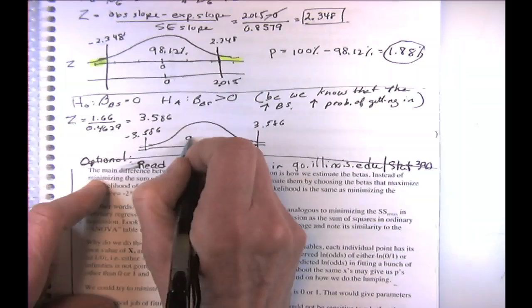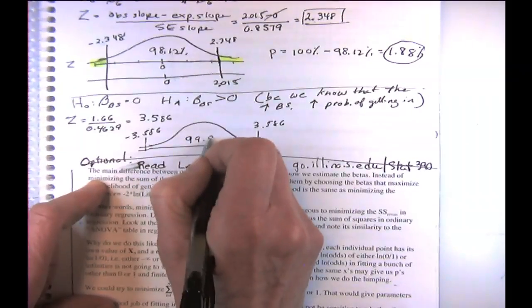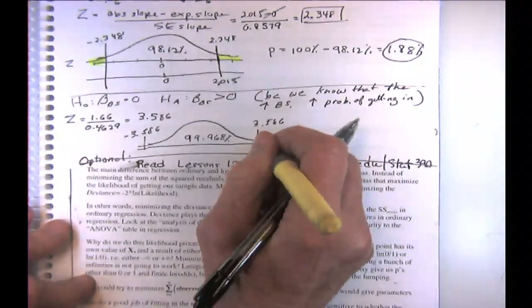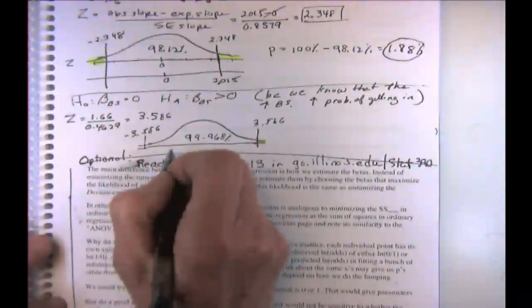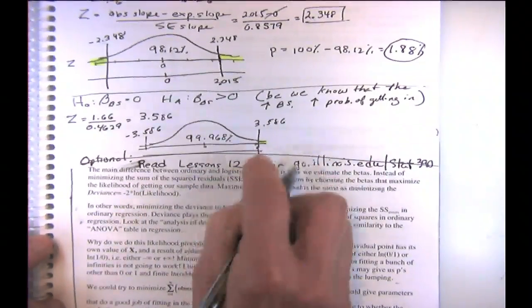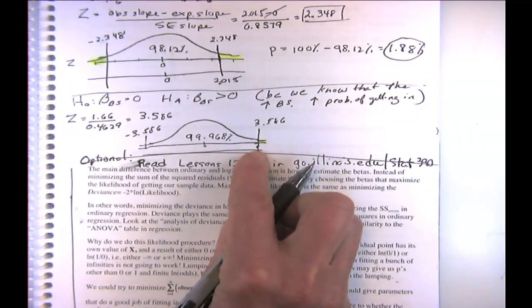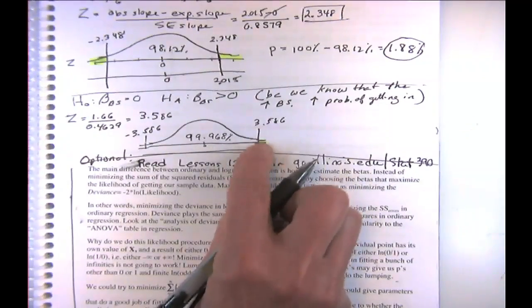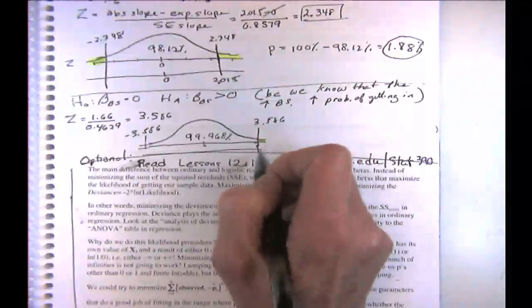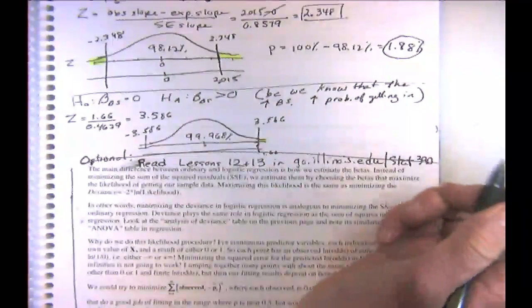I looked, it is 99.968% approximately. And that's where, as a slope, the 1.66. The 1.66 is a stronger z-score because it has a much smaller standard error. That's where 1.66 is, right?